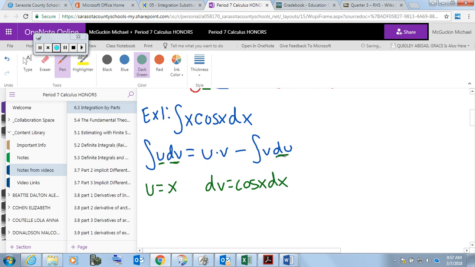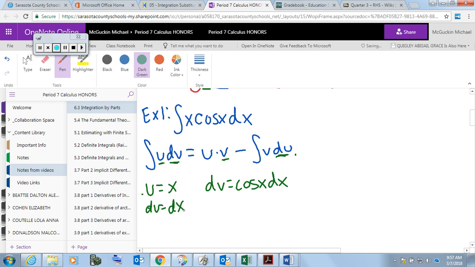I need du in the formula, and I need v in the formula. Well, if I have u, I can pretty easily get to du. That just means the derivative. The derivative of x is just 1, so du is equal to dx, just like it was when we did our substitution.